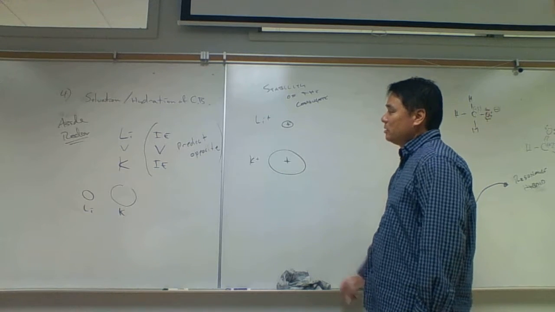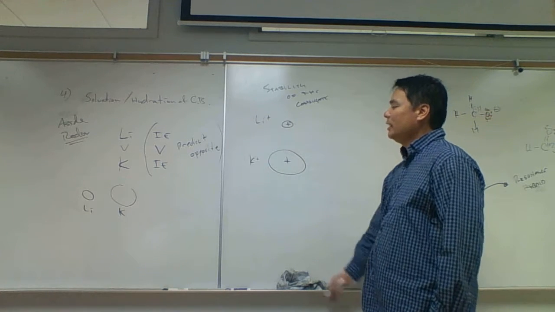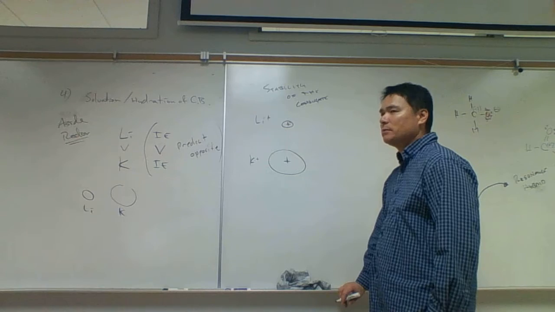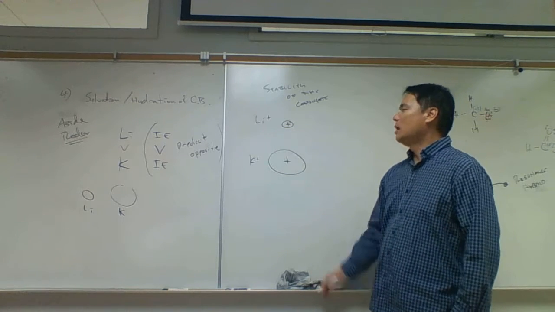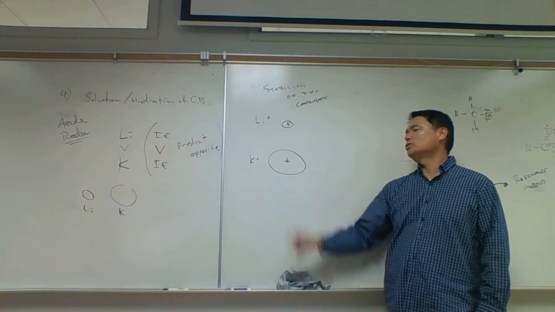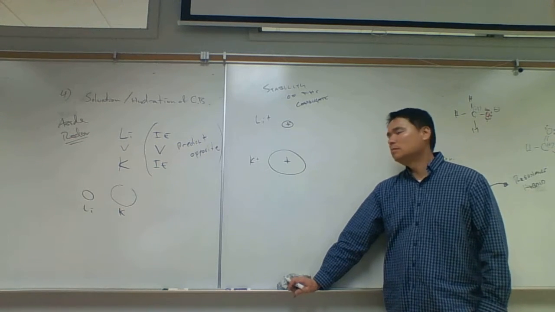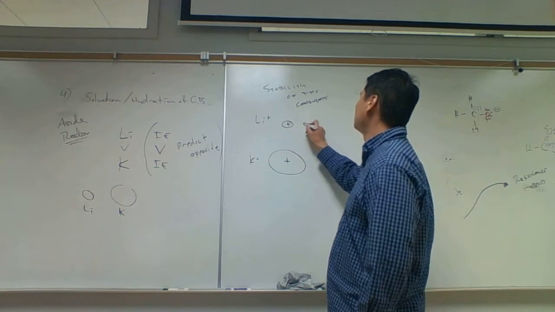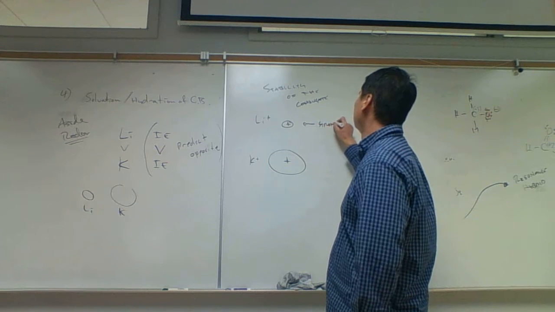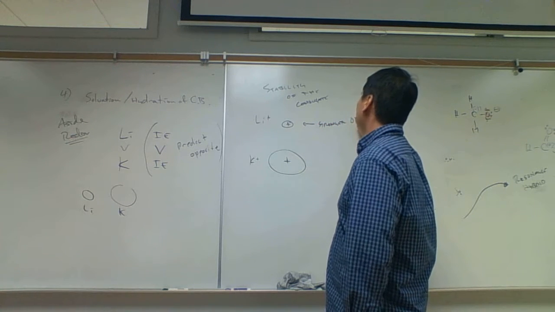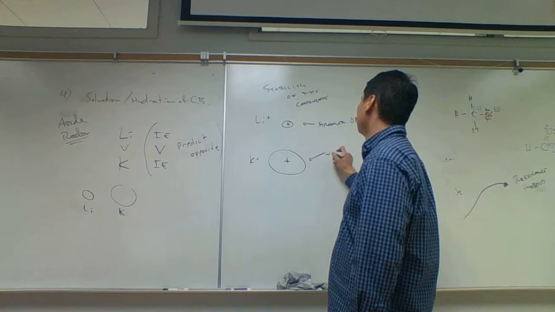Well, oxidizers are looking for electrons, so which one will have an easier time stripping electrons off something? The more concentrated positive charge or the less concentrated positive charge? The more concentrated, so this is a stronger oxidizer. This is a weaker oxidizer.